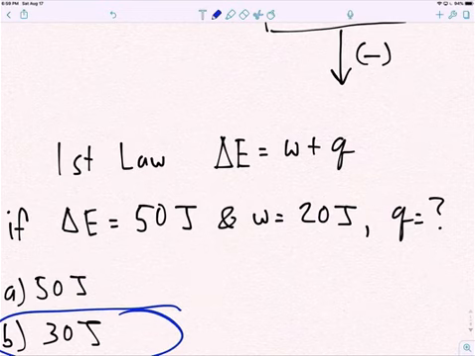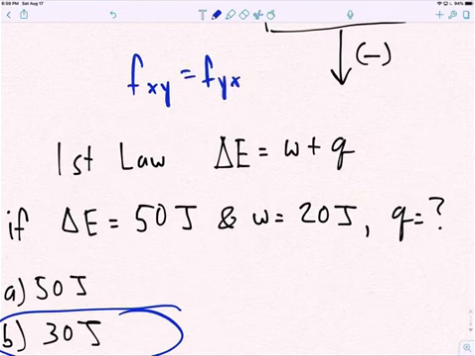But when you go on and study more math, you'll learn about something called exact differentials. That is, if you have a function and the partial derivative with respect to x and then y equals the partial derivative with respect to y and then x, this is known as an exact differential, and the function is path independent. That means it doesn't matter what path you take, you will get the same answer.